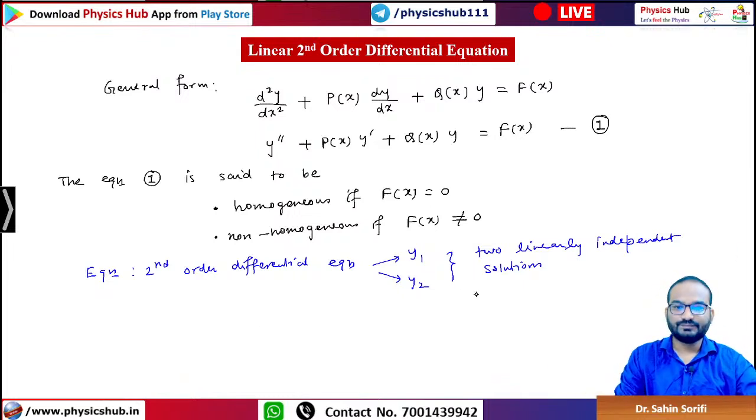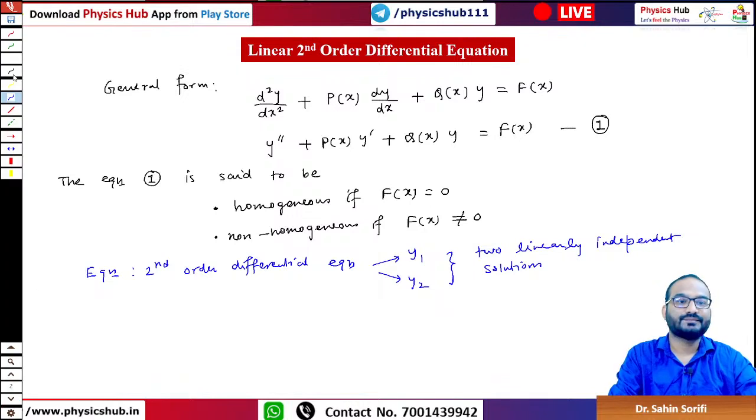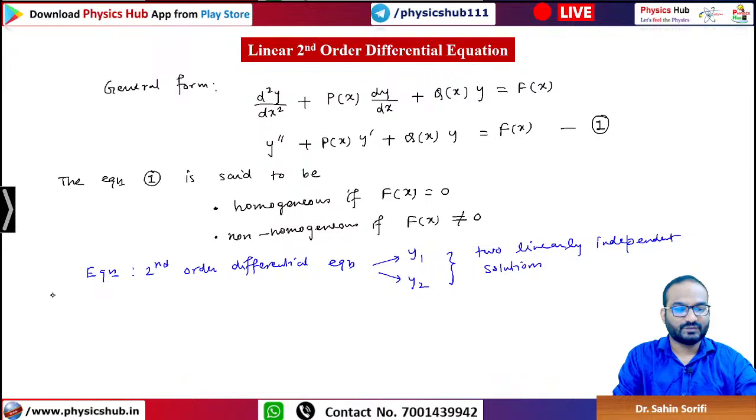Okay, now look, you can get more than two solutions, but those will not be linearly independent. Linearly independent, two solutions, and there is a theorem regarding this, the fundamental theorem of homogeneous differential equation.